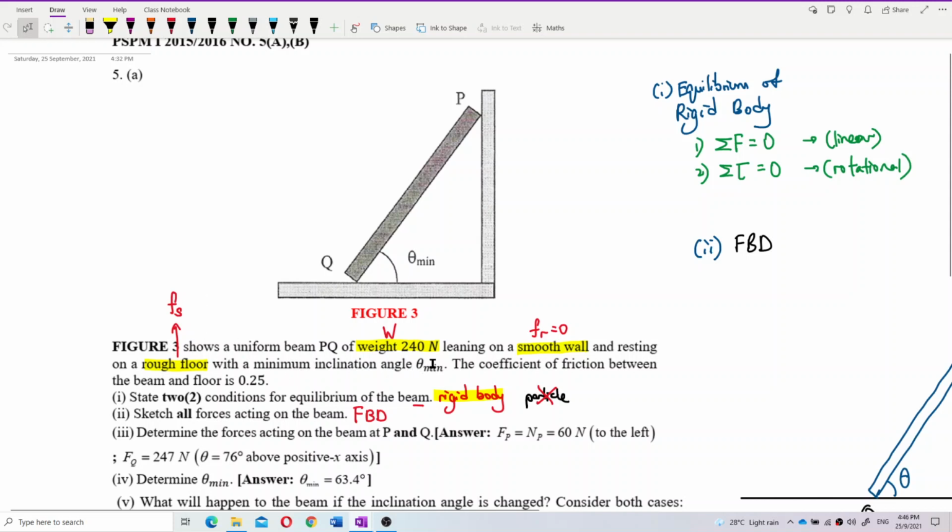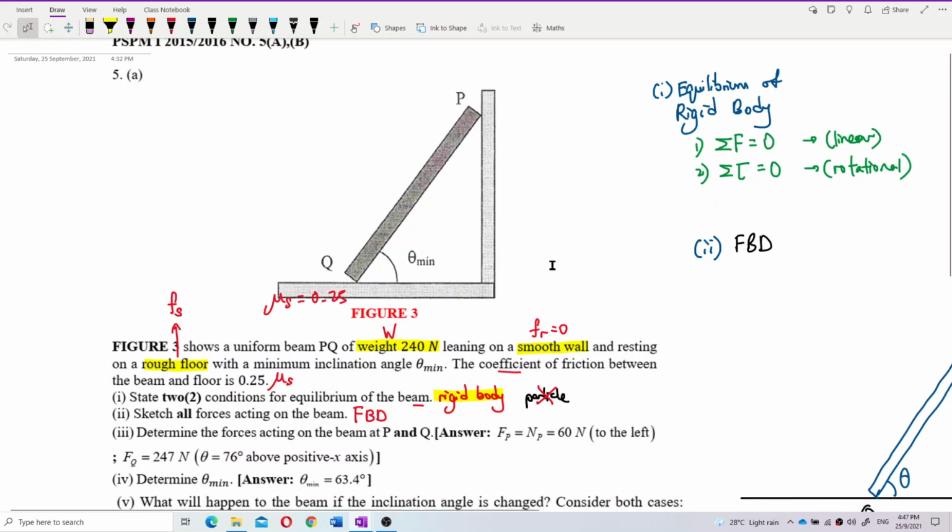The minimum angle of inclination is given. The coefficient of friction between the beam and the floor is 0.25. This is the mu s for the floor, so we can write the coefficient of friction mu s here as 0.25.